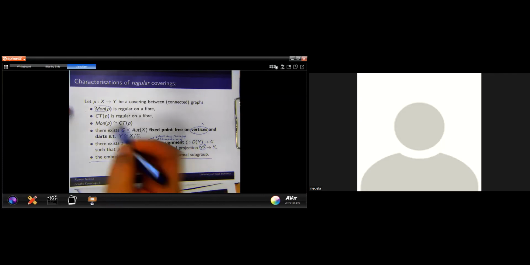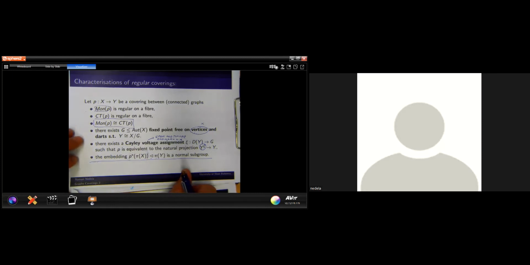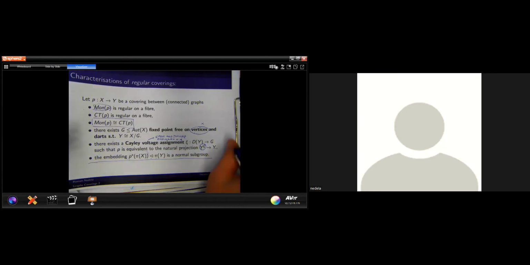And we know that in the case of a Cayley graph of a regular action, the left and right multiplication groups are isomorphic, of course. So in other words, the regular subgroup is, from the point of view of group theory, the same as the Cayley group, and so on. That's why we use the term Cayley voltage assignment. There is a difference between Gross and Tucker and our approach in that we also consider semi-edges, but otherwise the definitions coincide.